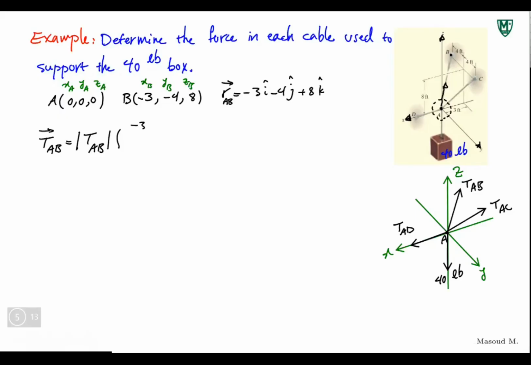And that would be minus 3i minus 4j plus 8k divided by the magnitude of RAB, which is the square root of minus 3 squared plus minus 4 squared plus 8 squared.